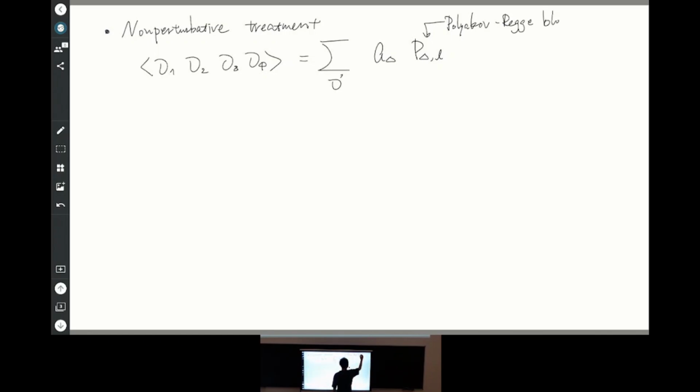So what is the Polyakov-Regev block? This is basically something like an ST channel symmetric version of the conformal block. And you can also describe it as some kind of sum of ST Witten diagrams plus contact terms.